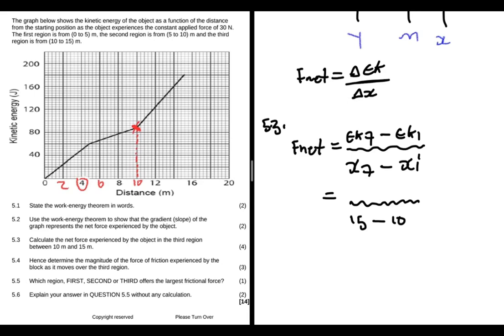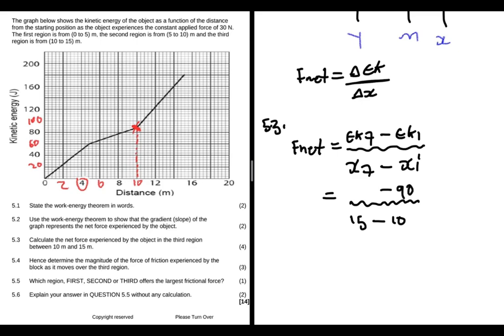If we have 40 and here 80, here 60, here 20, here 100, we are between 80 and 100. So for EK initial, we have 90.